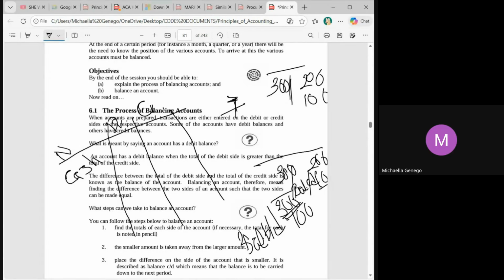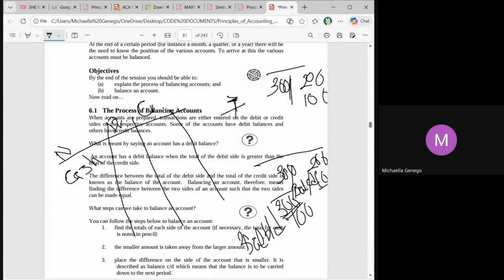Is it on the credit or the debit side? Credit side. So now, did you say credit side? No, debit side. So we'll now record it as the debit side in the trial balance.